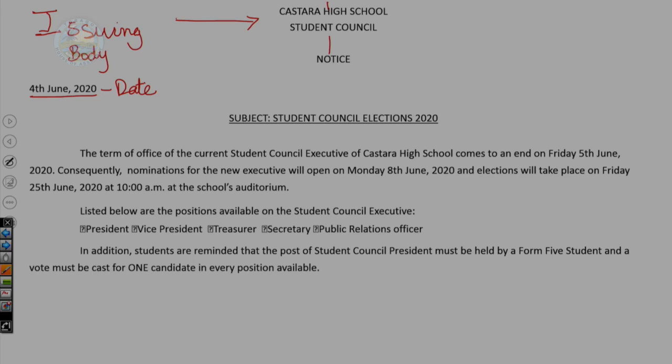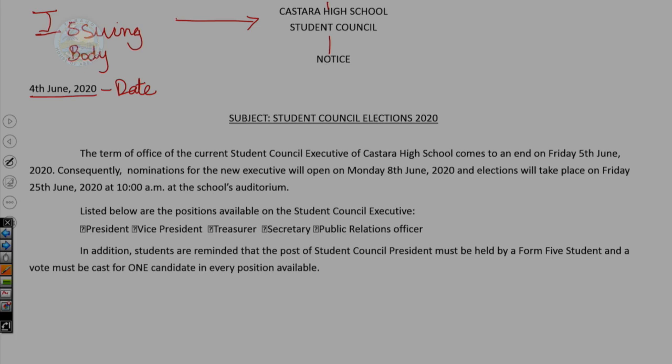Listed below are the positions available on the Student Council Executive: President, Vice President, Treasurer, Secretary, Public Relations Officer. In addition, students are reminded that the post of Student Council President must be held by a Form 5 student, and a vote must be cast for one candidate in every position available.